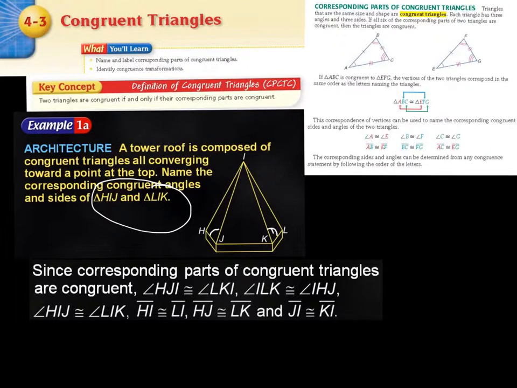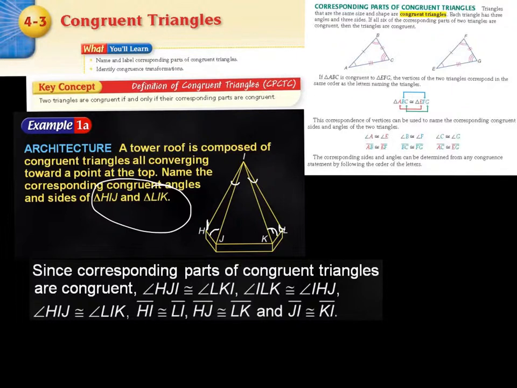Angle ILK over here has to be congruent to angle IHJ, way over there. And finally, our vertex angles, angle HIJ has to be congruent to angle LIK.